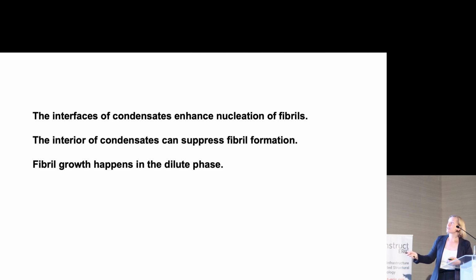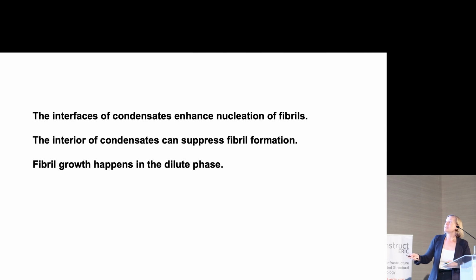The interior of the condensates can suppress fibril formation, and they can serve as sinks for soluble protein. We think stress granules may not actually be a problem in cells, that they could actually be protective, unless we have these kinds of decisive mutations that really stabilize fibrils.